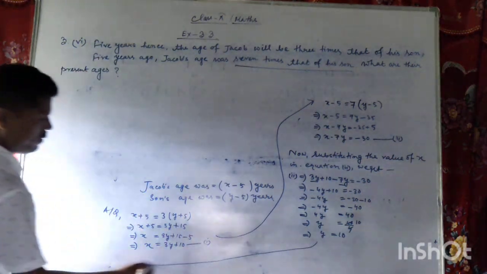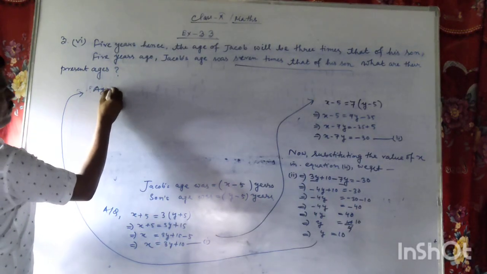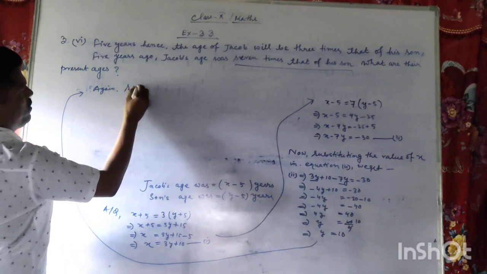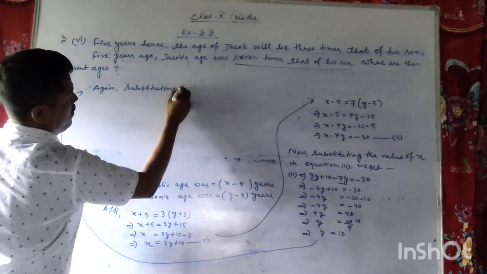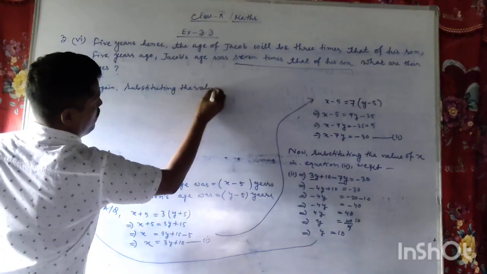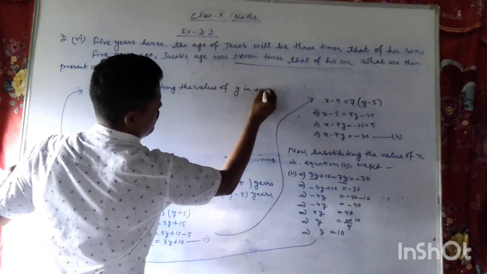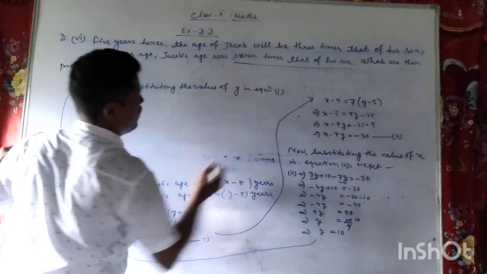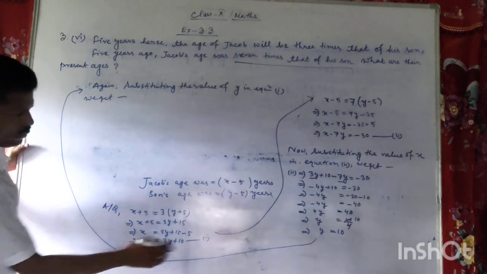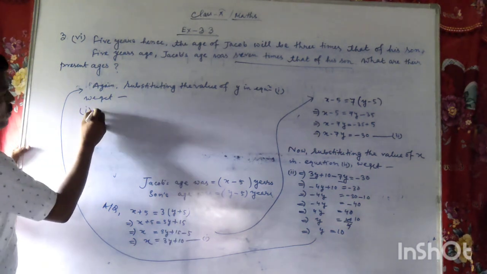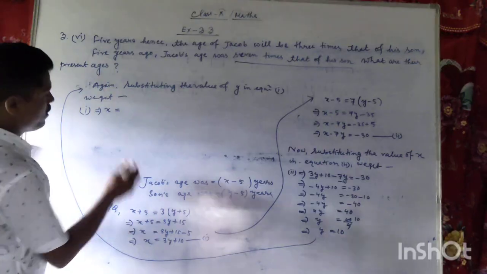From here, coming back again, substituting the value of y in equation 1, we get x is equal to 3 into y.